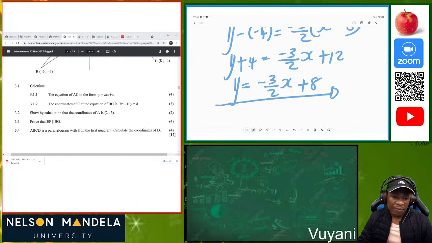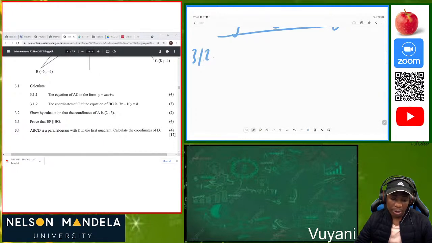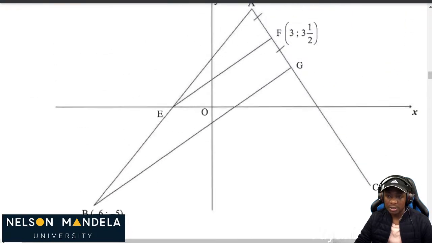Okay, let's move forward to 3.1.2. They said calculate the coordinates of G. Where is G?